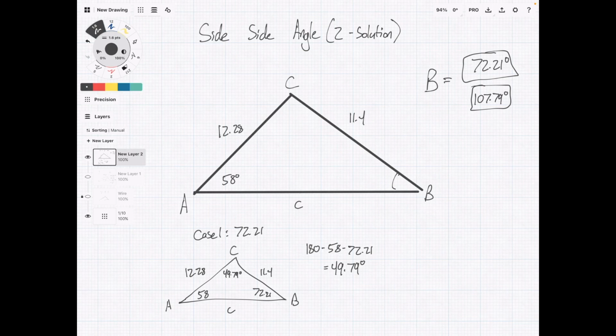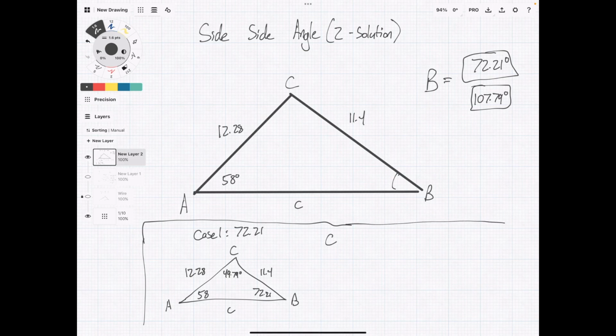Now we can use the law of sines to figure out what the actual length of C in case 1 would be. So actually let's block this off just so we know that we are working just on case 1 right now. We're going to start with what we have: A over sine of A. So basically I'm using this pair and the one that we're looking for.